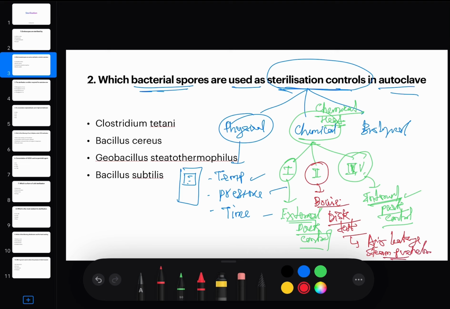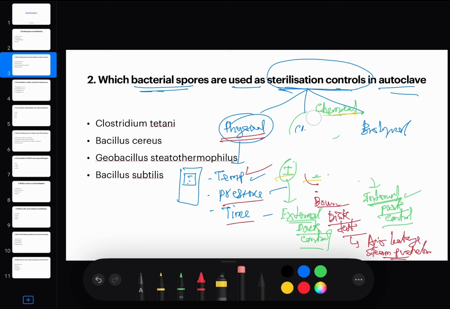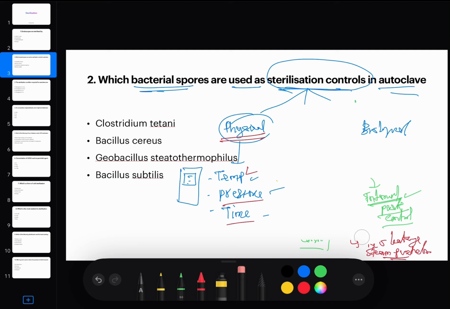In the physical method, the parameters are temperature, pressure, and time. In the chemical method, there is use of chemical and heat sensitive materials, class 1, class 2, and class 4 and 5. Then comes the biological indicator of sterilization. There are two biological controls used.